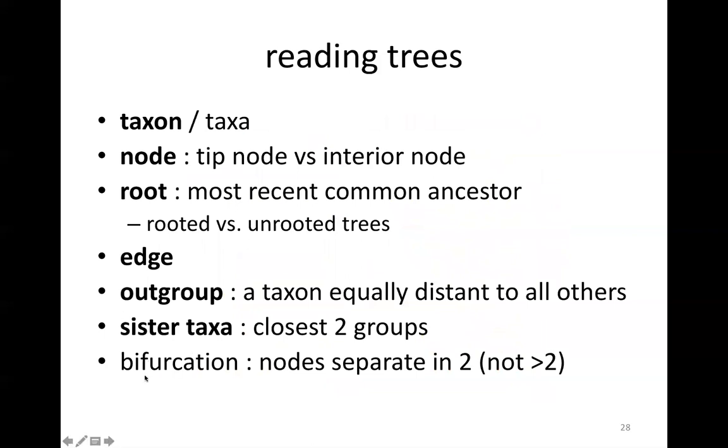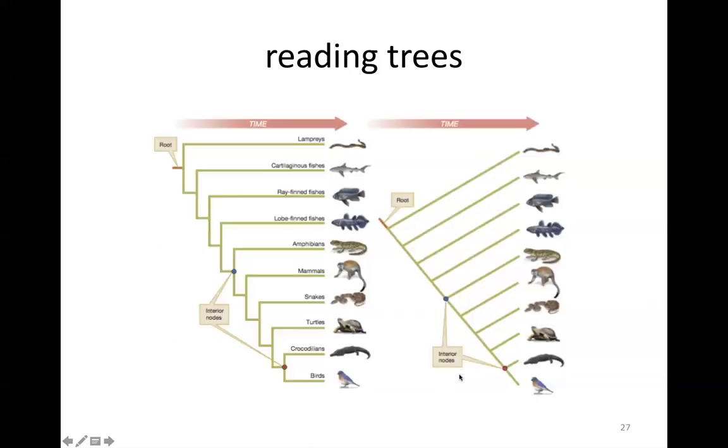And the term bifurcation is kind of useful to know. It's the separation of a node into two, not more than two. So here we have a bifurcating tree in that the branches always split in two and not more than two.